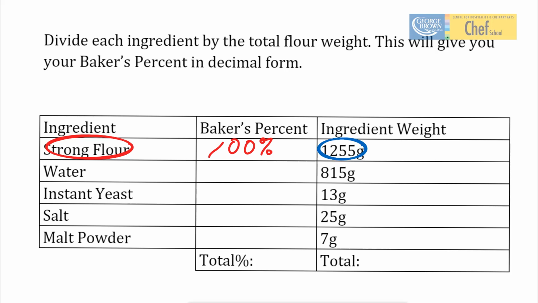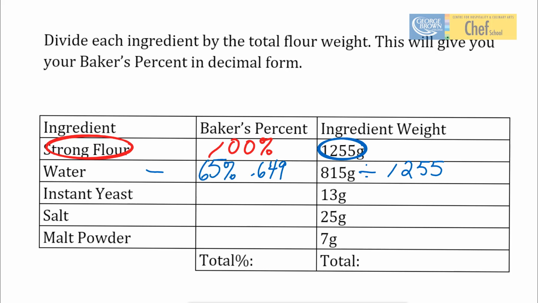How are we going to calculate the percentages for our water, etc.? So 815 grams divided by our flour, 1,255. That's going to give us a figure of 0.649.